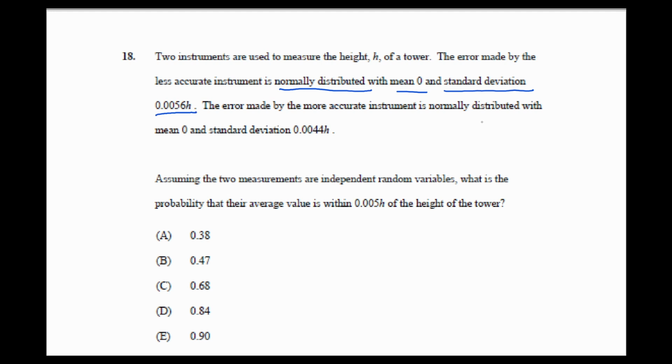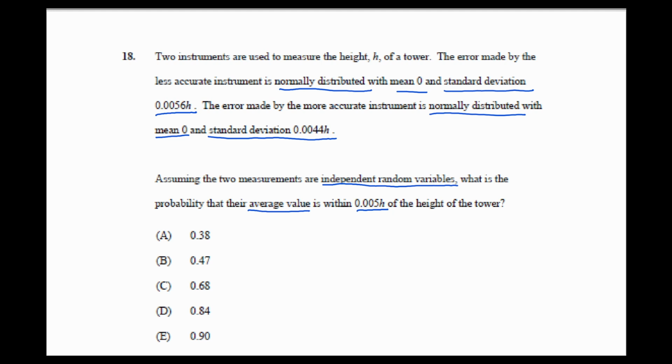The error made by the more accurate instrument is normally distributed with mean 0 and standard deviation of 0.0044h. Assuming the two measurements are independent random variables, what is the probability that their average value is within 0.05h of the height of the tower?